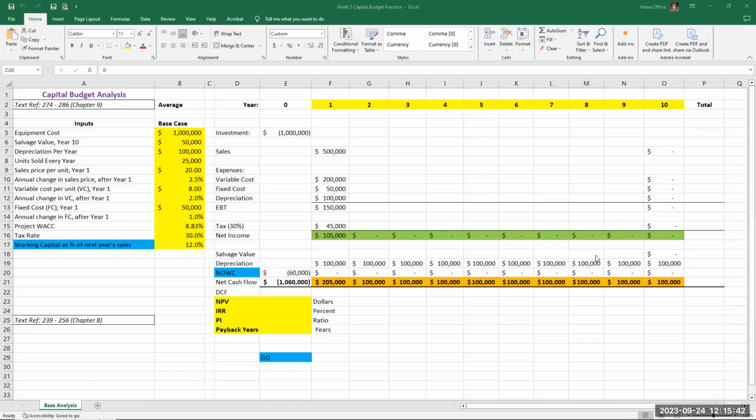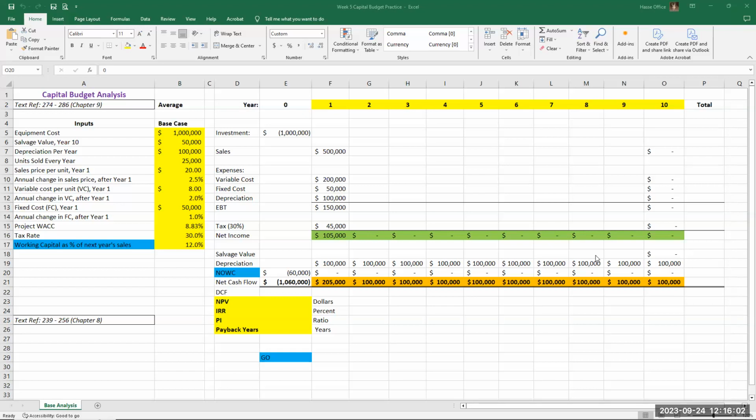But the bottom line is to determine the outlay of dollars in year 0, called the investment, and the yearly cash flow generated by revenue, expenses, and non-cash items like salvage value, depreciation, working capital.